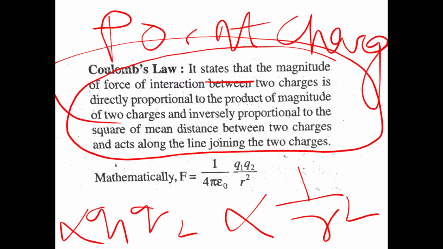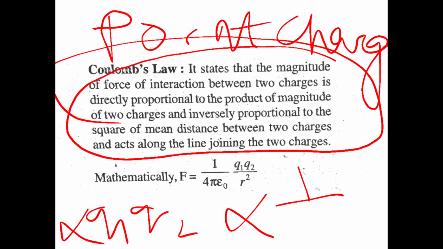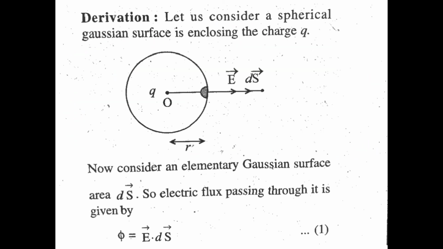It states that the magnitude of force of interaction between two charges is directly proportional to the product of magnitude of two charges and inversely proportional to the square of mean distance between the charges, and acts along the line joining the two charges. Mathematically, F is equal to 1 by 4 pi epsilon 0 q1 q2 by r square, which we have already determined in the previous video.